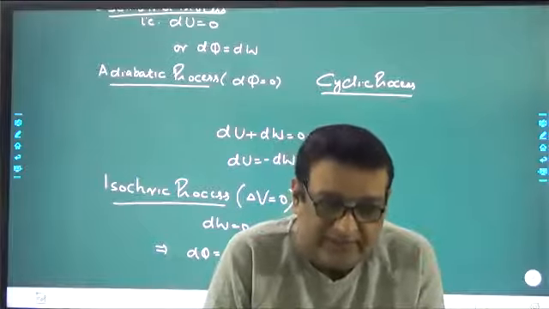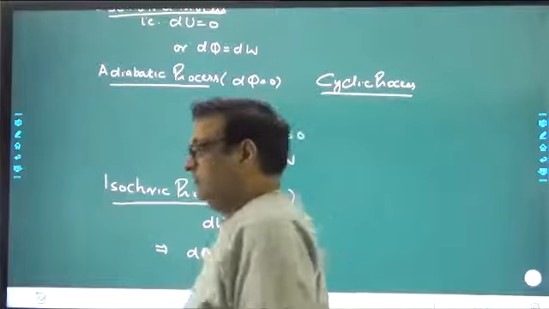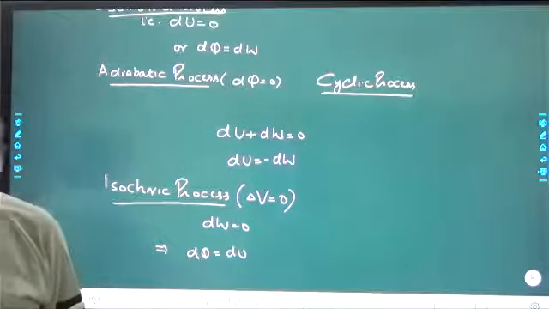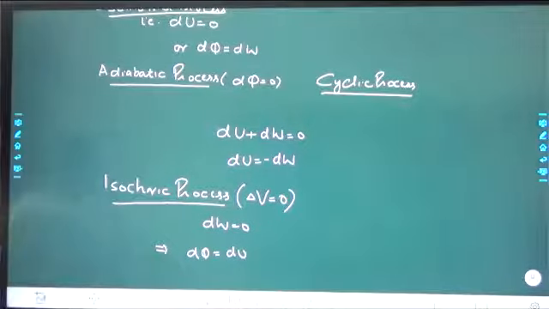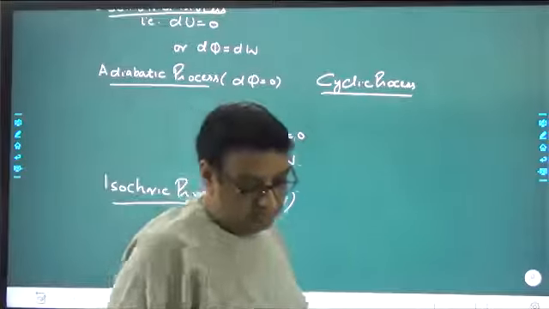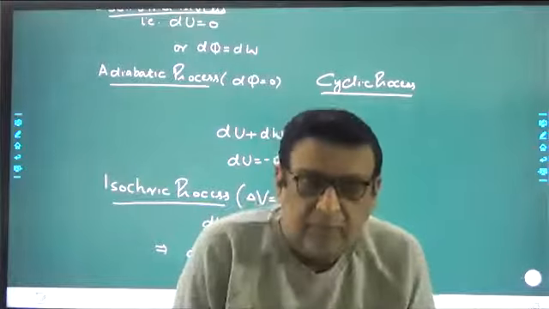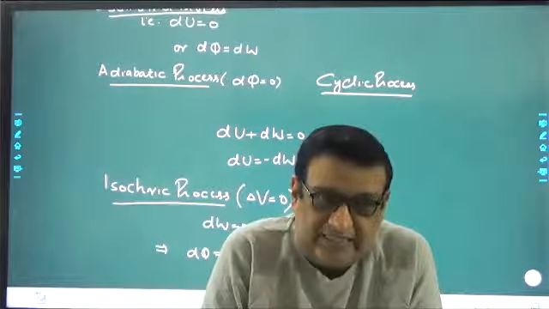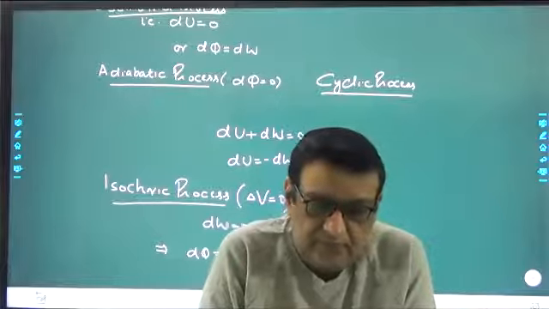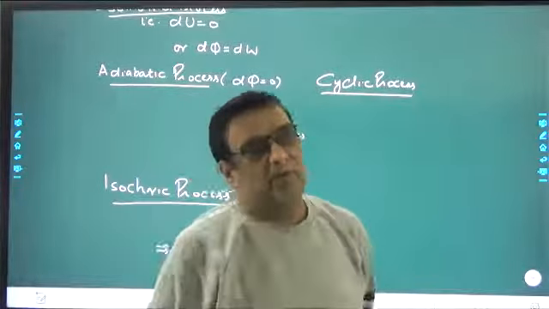So you can write cyclic process is one in which the system returns to its initial state after series of changes, as internal energy is a state function.